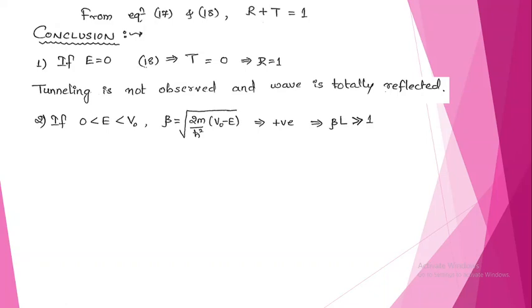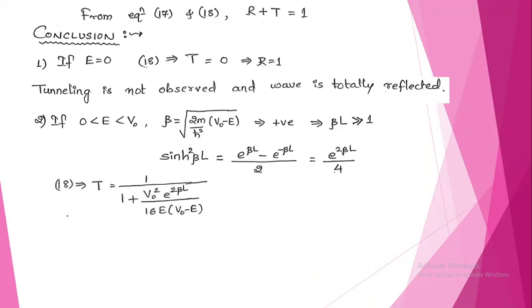When you multiply both of these, it will be very much greater than 1, and in that case sine hyperbolic square of beta L, which will be equal to exponential of beta L minus exponential of minus beta L divided by 2, will be equal to exponential of 2 beta L by 2, because it is a square of it.